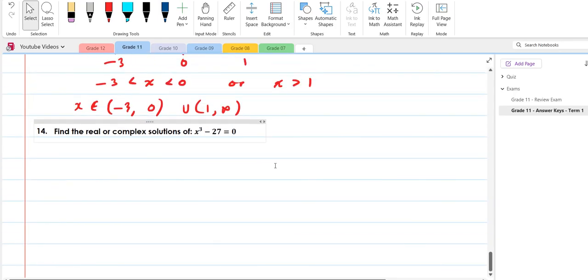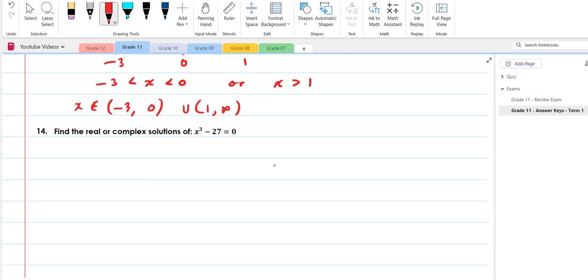Find the real or complex solutions of. Now, in order to solve this, remember this here is a difference of two cubes identity. So we need to apply the polynomial rule, which is a cubed minus b cubed is equal to (a minus b) into (a squared plus ab, the product of the first two with the opposite sign, plus b squared).